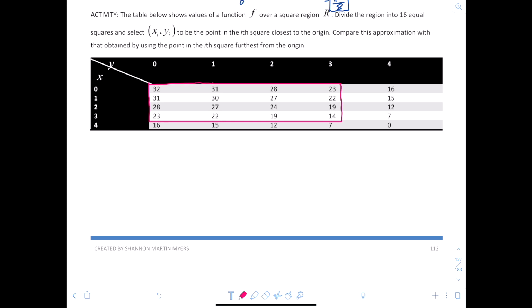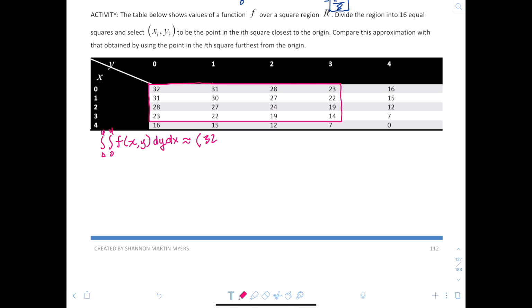And so you would have your integral. This would represent your integral from 0 to 4 for both our dy and dx. And what that would be, approximately, well, if you're going dy first, right?